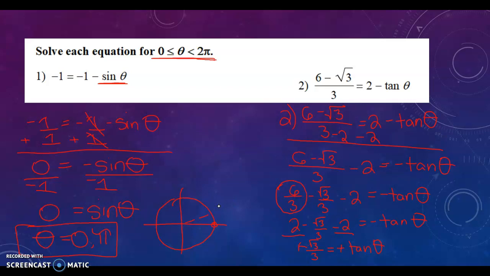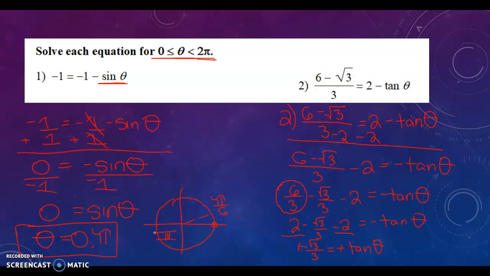So at pi over 6, I have tangent theta equals square root of 3 over 3. But remember, tangent is positive not only in quadrant 1, but also in quadrant 3.